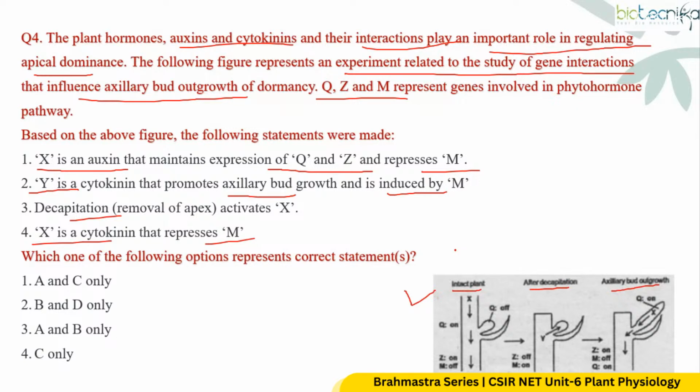Yes. No one is able to answer. Do you know what apical dominance is and how auxin is related to that, how cytokinin is related to that? Do you know that?